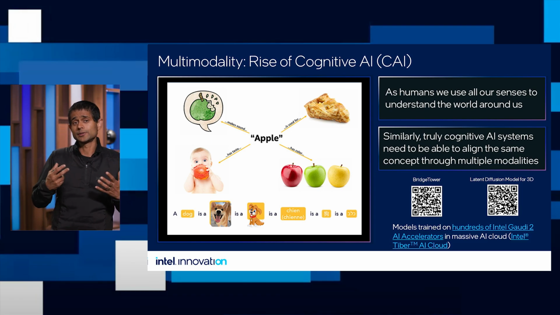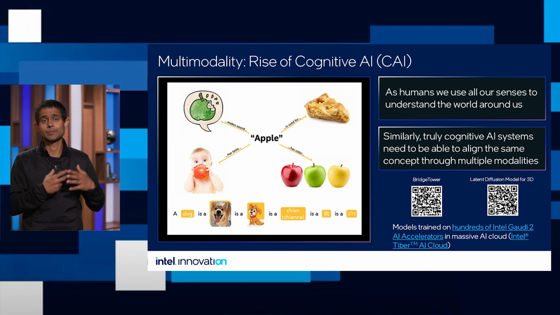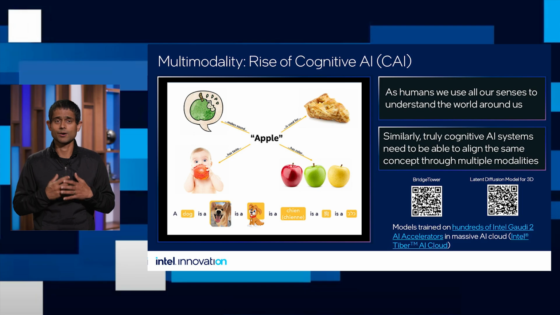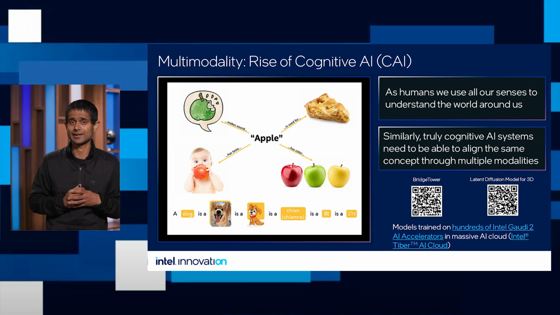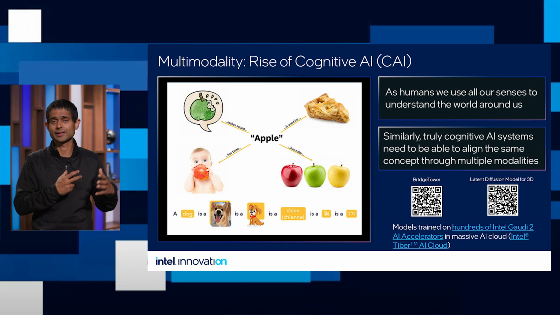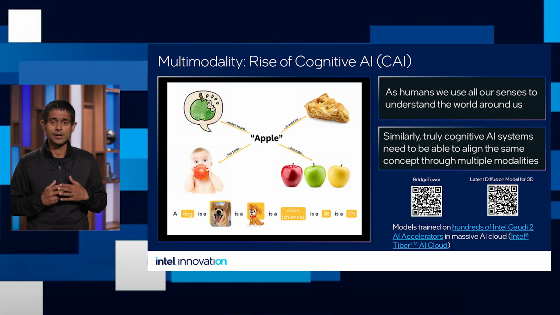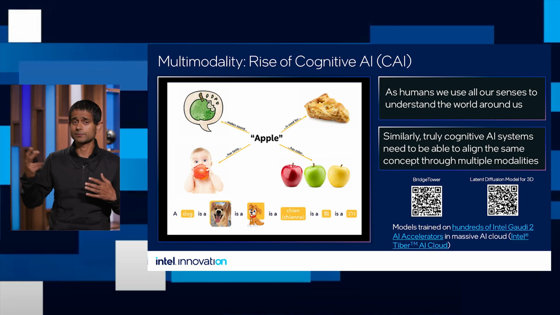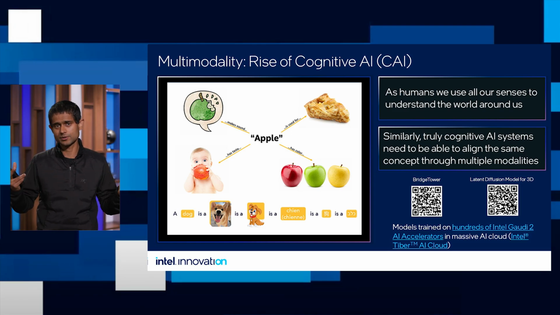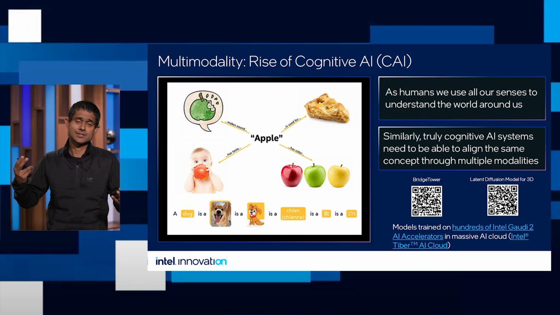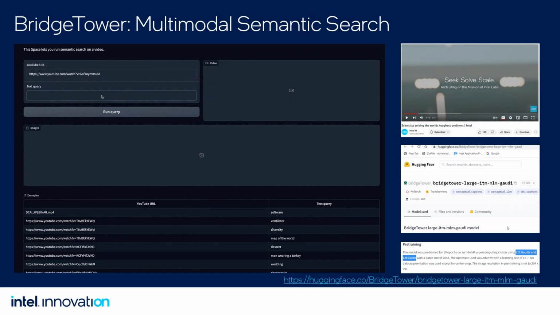So with that motivation, we have been training multimodal foundation models on hundreds of Gaudi AI accelerators in the Intel Tiber AI Cloud. I have linked here two of these models, the Bridge Tower model and latent diffusion model for 3D that we have open sourced, and let's see these models in action.